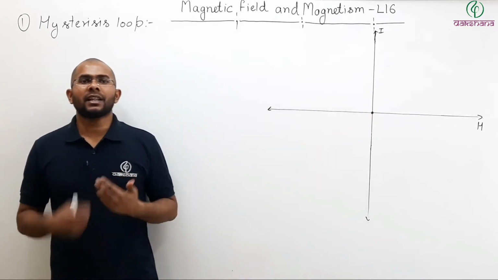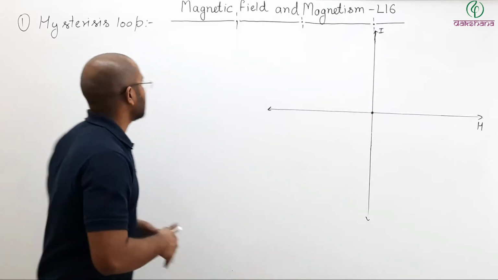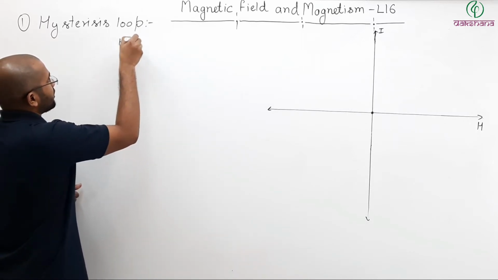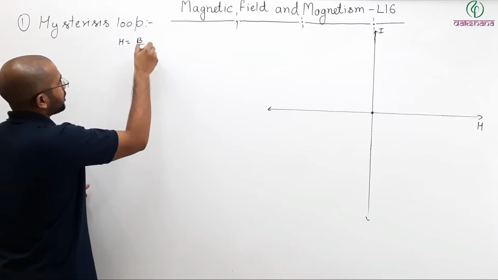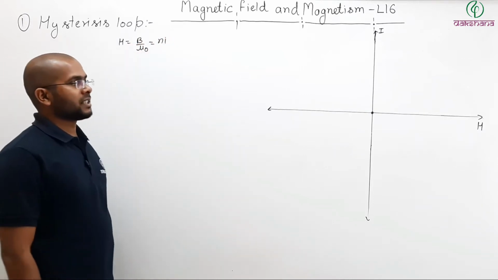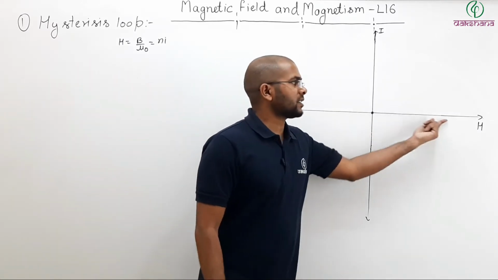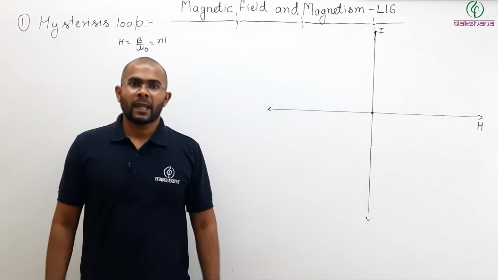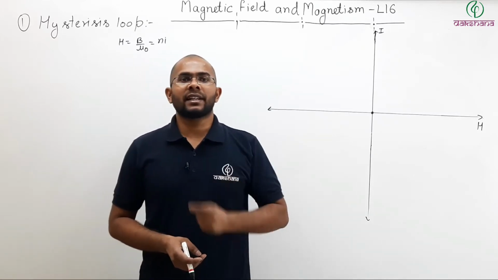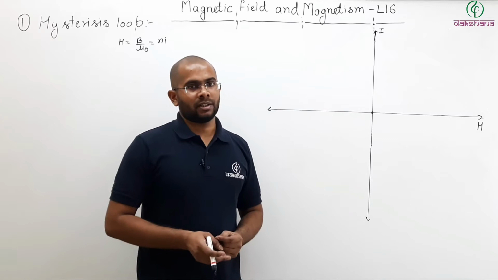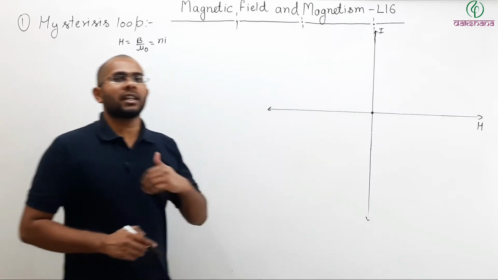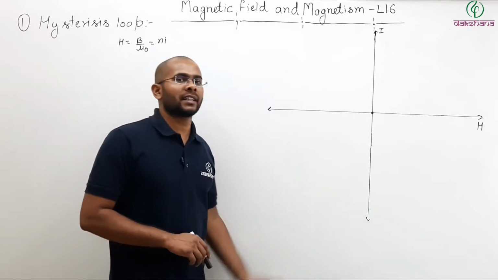Now if I start increasing the current, you can say H is nothing but B by mu naught, which is equal to n times I. So if I start increasing the current, the magnetic intensity starts increasing. And if the magnetic intensity starts increasing, your material starts getting magnetized. But in the case of ferromagnetic material, the magnetization is not exactly proportional to the magnetic intensity.